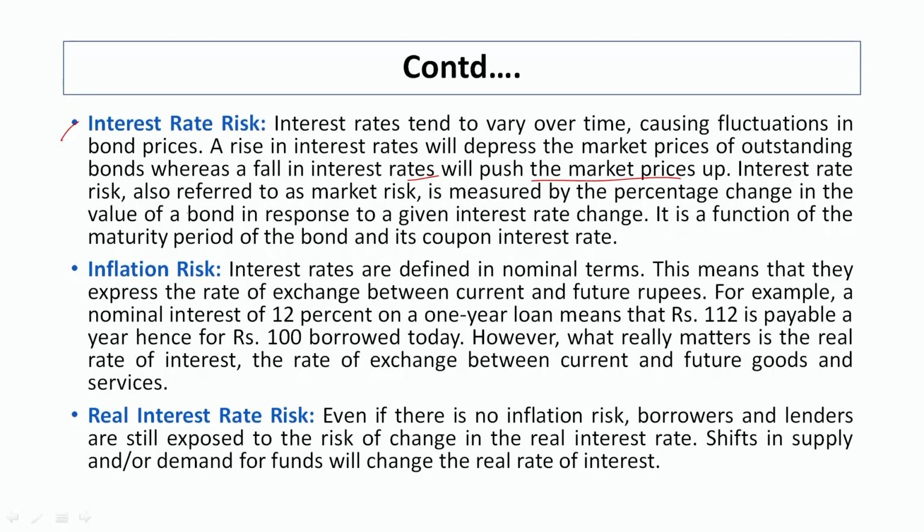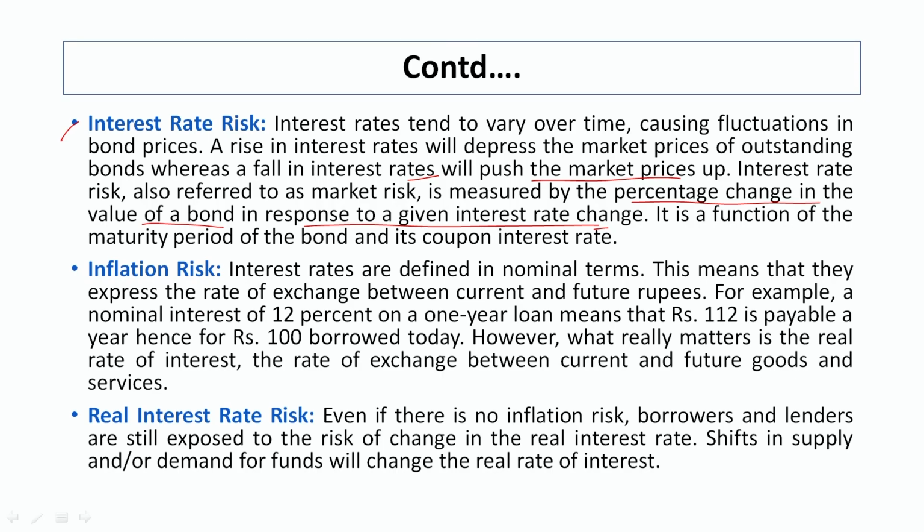Interest rate risk, also referred to as market risk, is measured by the percentage change in the value of the bond in response to a given interest rate change. It is a function of the maturity period of the bond and the coupon rate. So, depending upon the time period for which the bond has been issued, if the interest rate fluctuates, the bond prices also fluctuate. Next one is inflation risk.